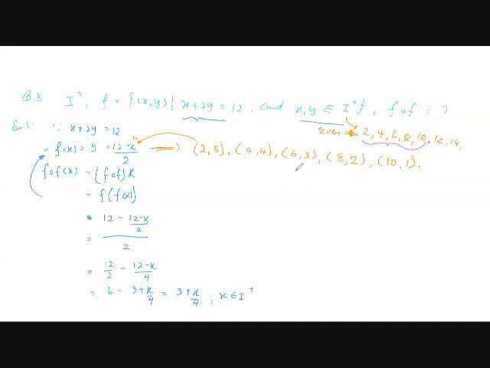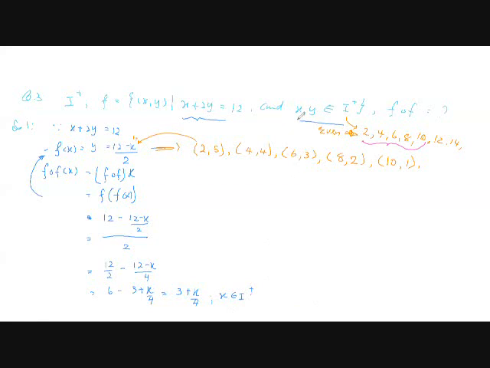Okay. After this, we know the condition: the value of x can be 2, 4, 6, 8, and 10. But now we have to come back and check with f composite f of x, whether it works or not. When we have this one, we have to check whether this x belongs to the positive integers or not.